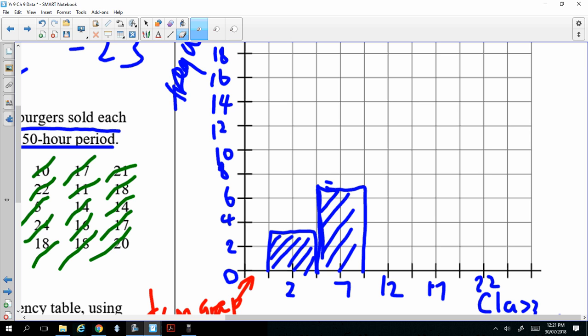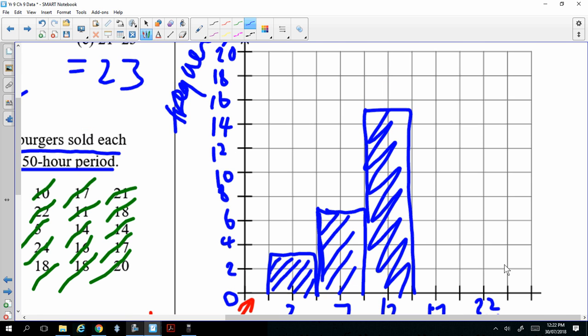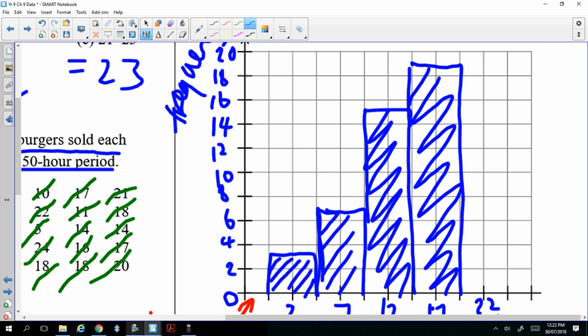Next one is 15. Next one is 17, 19. And then finally 6. This is the histogram.